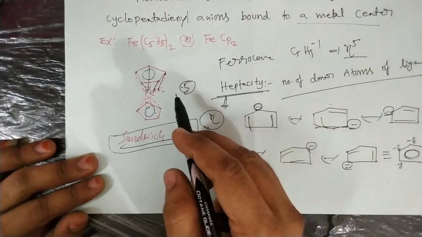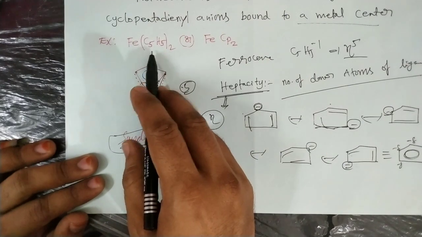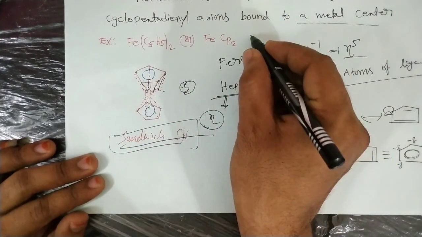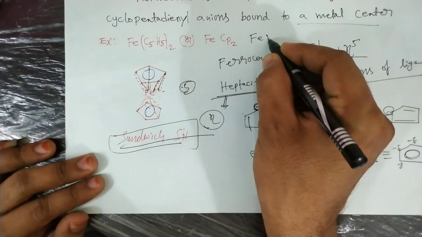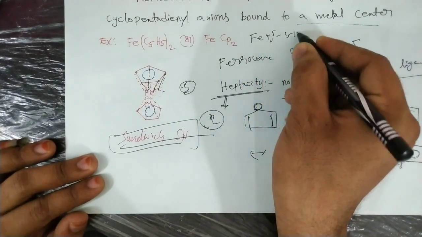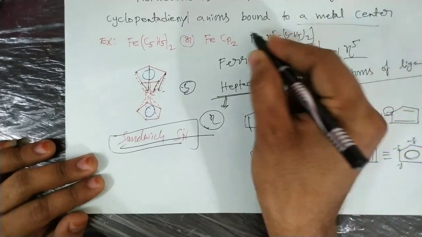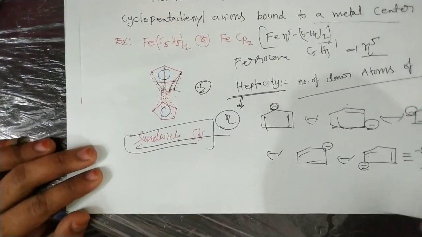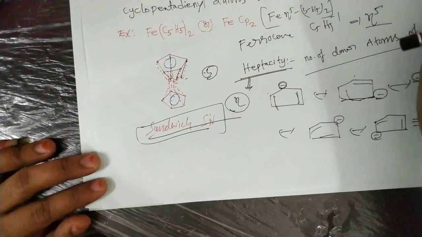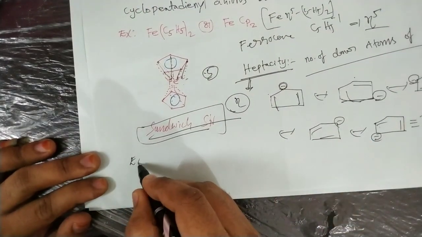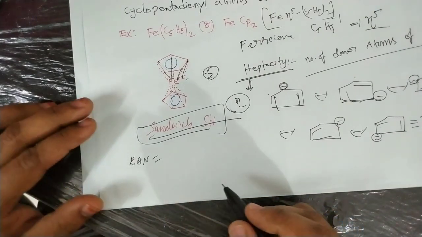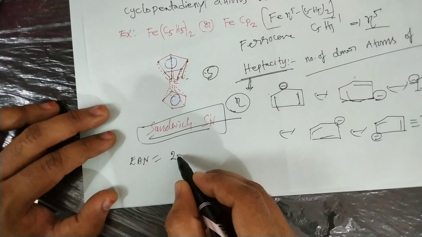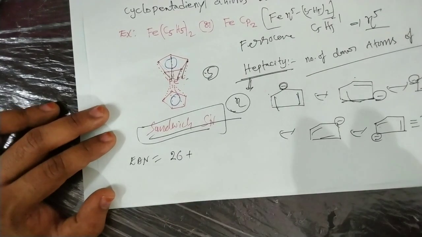Okay. So see in ferrocene, the cyclopentadienyl hapticity is 5. That's why we can write this as Fe eta 5 C5H5 twice. Okay, that's it. Now how to calculate the ferrocene effective atomic number. EAN equals effective atomic number. Iron atomic number is 26.